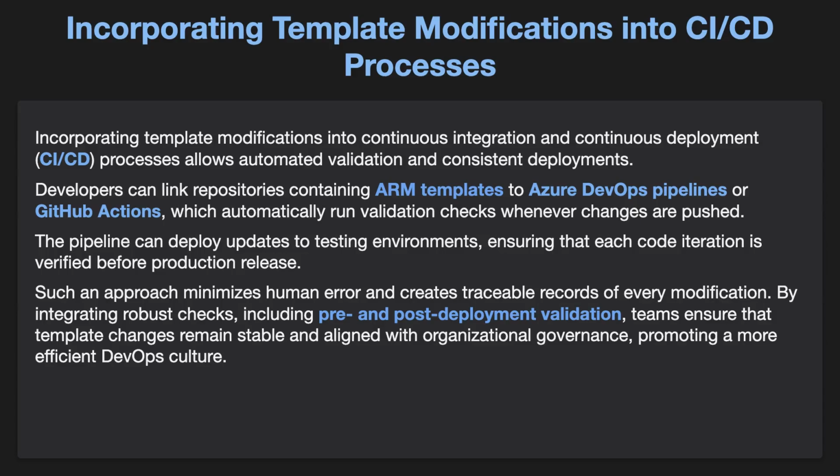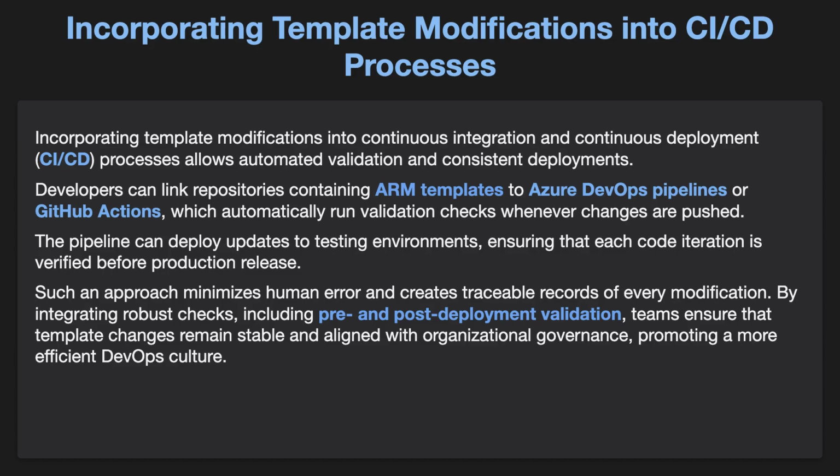Incorporating template modifications into continuous integration and continuous deployment (CI/CD) processes allows automated validation and consistent deployments. Developers can link repositories containing ARM templates to Azure DevOps pipelines or GitHub Actions, which automatically run validation checks whenever changes are pushed.